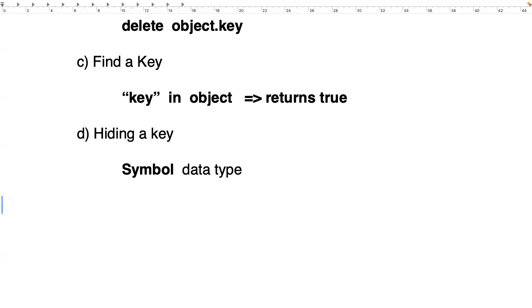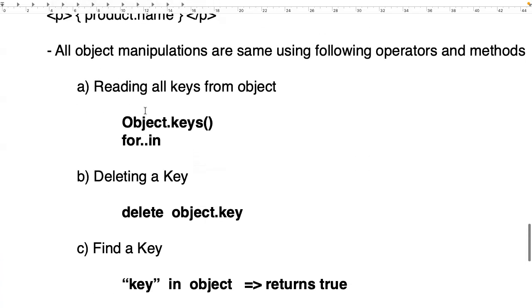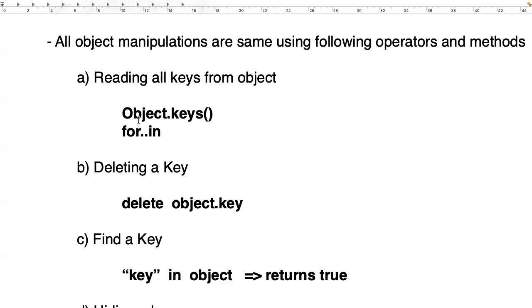So these are all JavaScript object manipulations. You may have to use them in various examples when dealing with objects. In React, reading data from an object and presenting it is not any different. It is a simple one. All these manipulations you will see later in examples because these are all JavaScript points only.